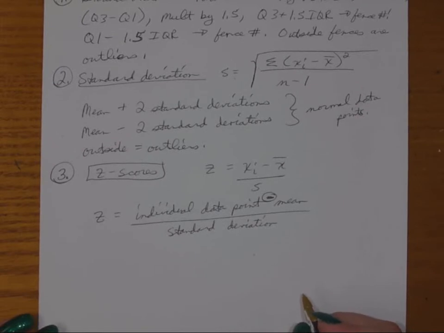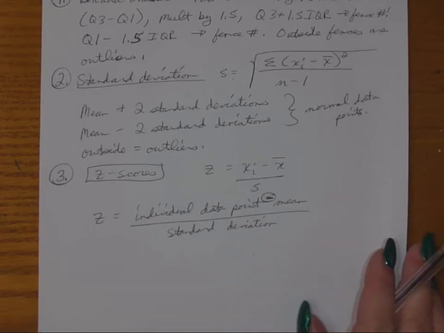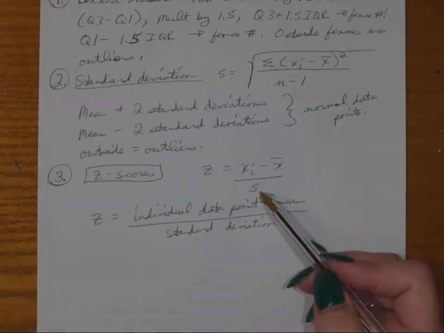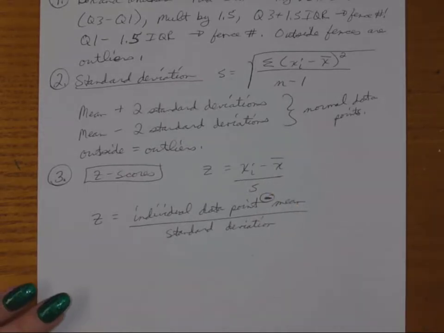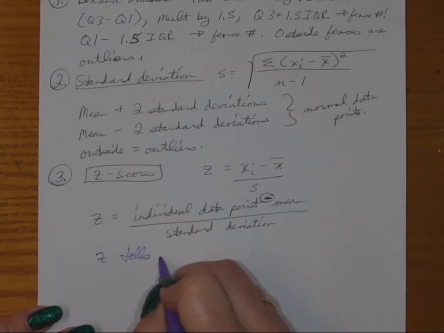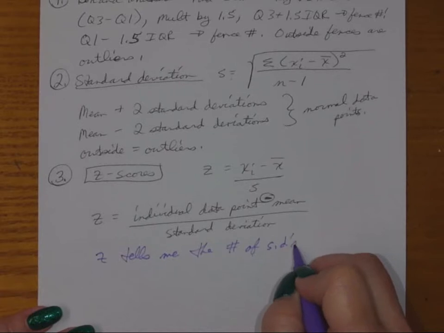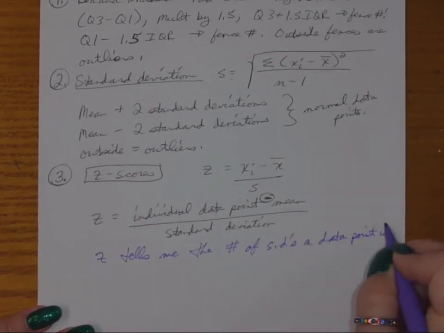What this gives me is a number value. Basically it compares the difference between my data point and the mean to the standard deviation, and it tells me how many standard deviations. Z tells me the number of standard deviations a data point is from the mean.